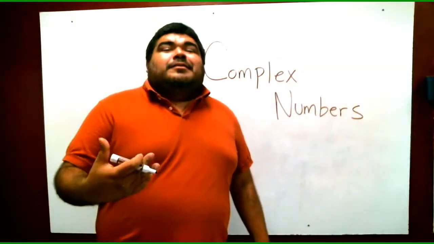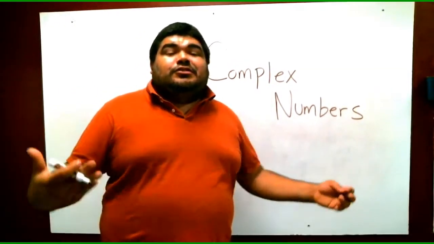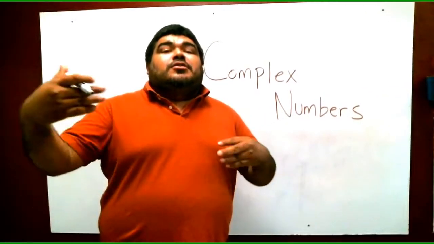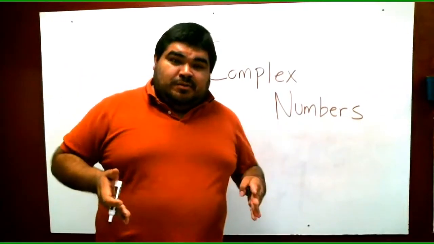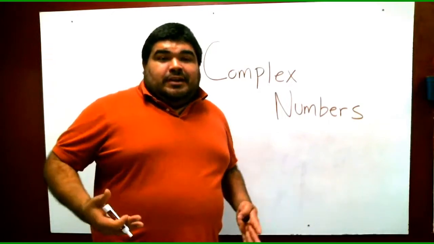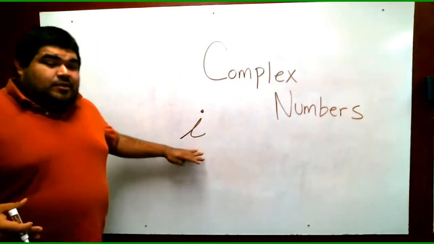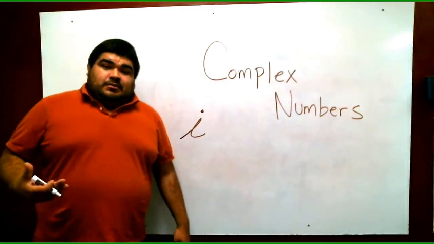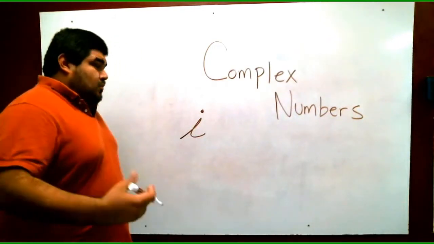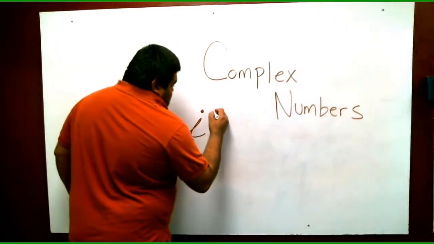Meaning that it still exists. It's just what it's called because you have to have another equation for imaginary numbers, okay? We're not going to get that far today. All you have to know about imaginary numbers is when you have two i's, okay? Or i squared, okay?